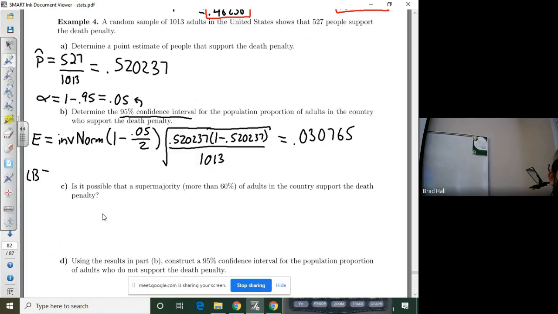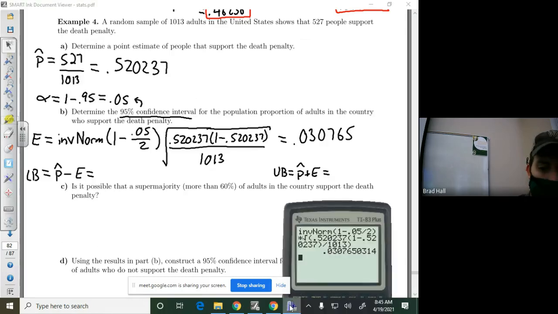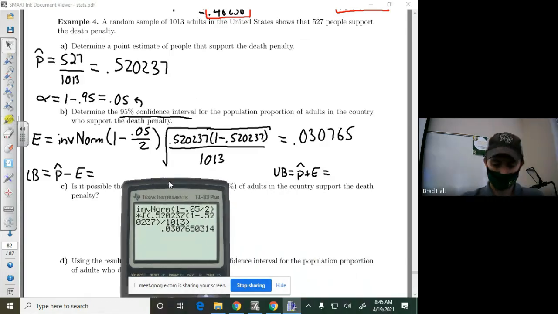The lower bound is equal to p hat minus the error. And I'll do the upper bound all the way over here: p hat plus the error. So 0.520237 minus 0.030765.